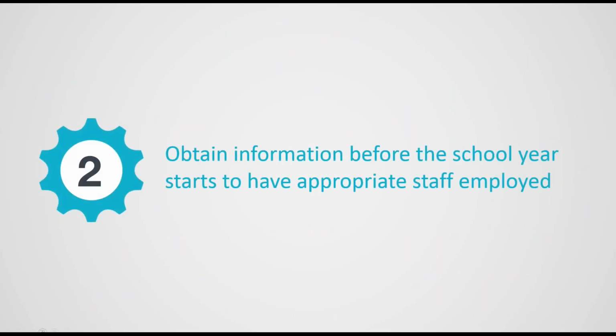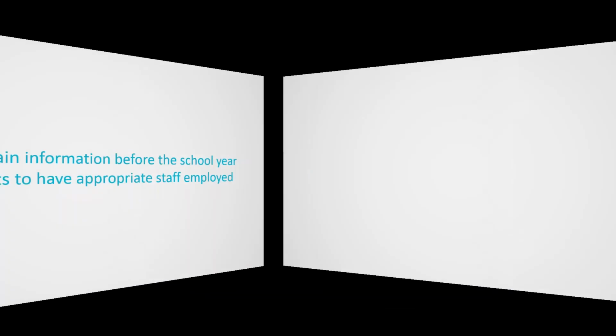Next, let's take a look at how obtaining information about your students before the school year is critical to being able to have the resources allocated on the first day of school. When schools know their new and returning student enrollment prior to the beginning of the school year, administrators have that accurate information on hand, accommodating student requirements.